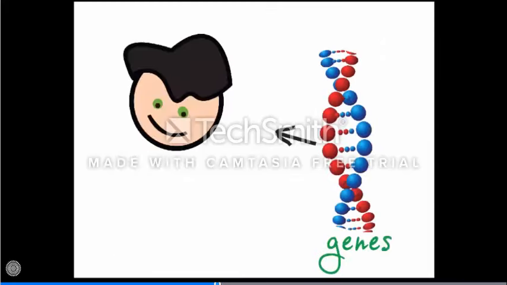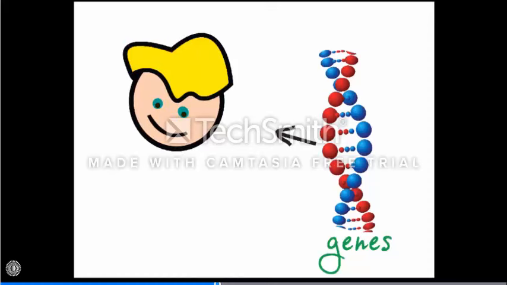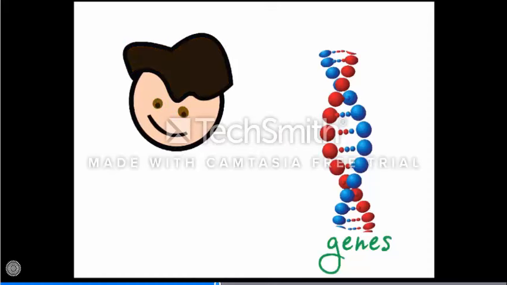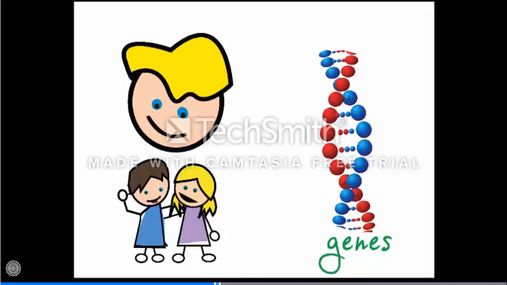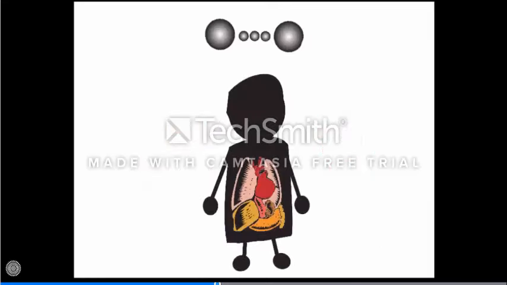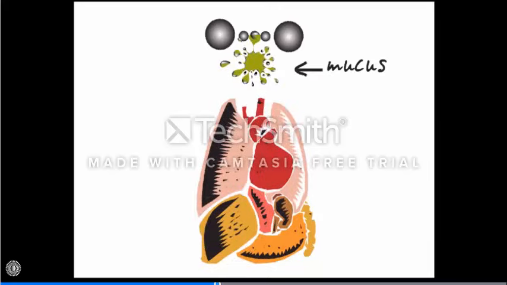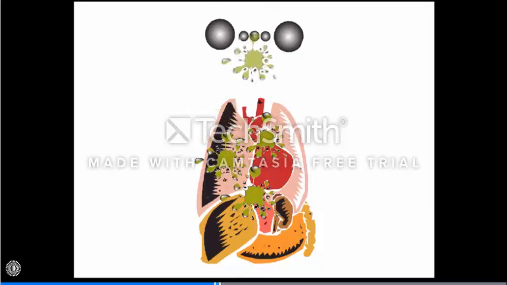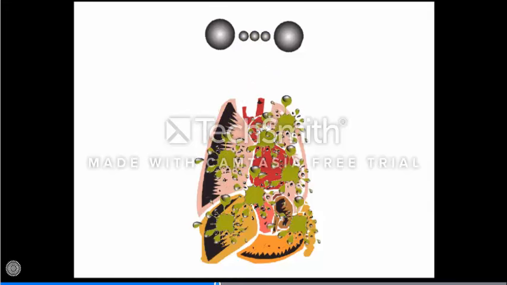When we are born, our genes determine our eye color, hair color, and if we look like mom or dad. A defective gene causes our bodies to create a really thick mucus that covers our internal organs, especially our lungs, making it hard for them to work correctly.